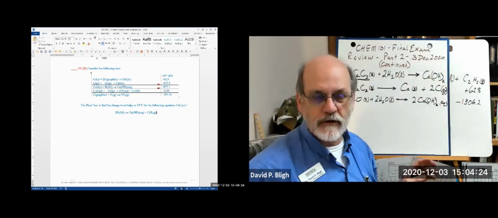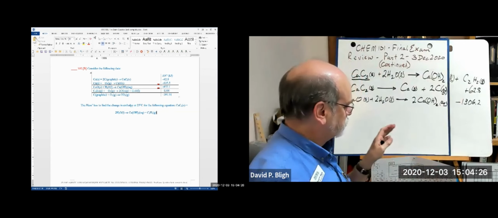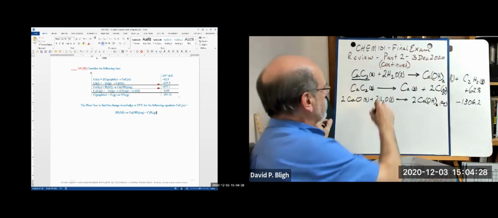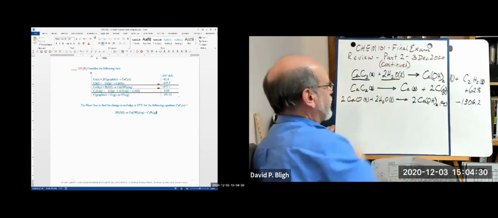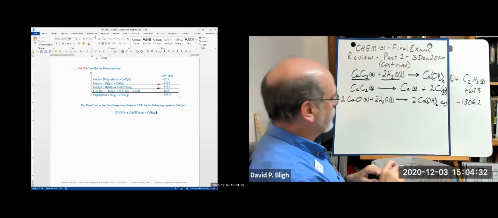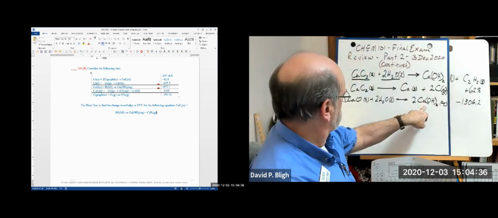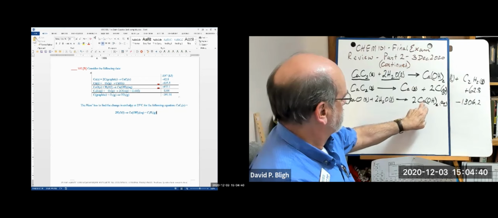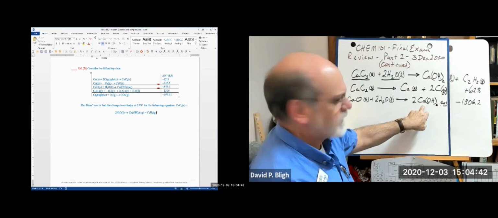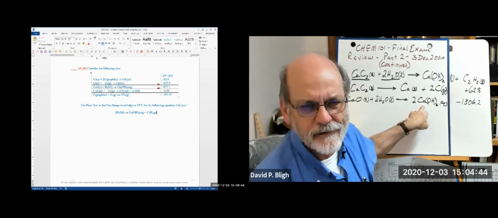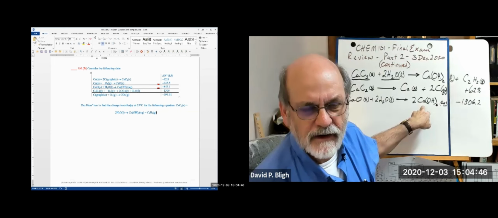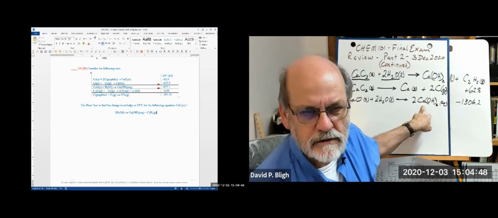So we've used the first equation and the second equation, and we've got that one covered. Okay? Now we've got too many calcium hydroxides. Okay. I may have done the wrong one first.